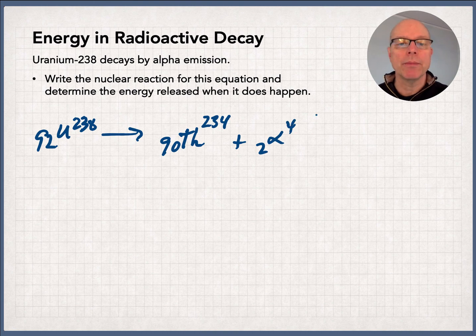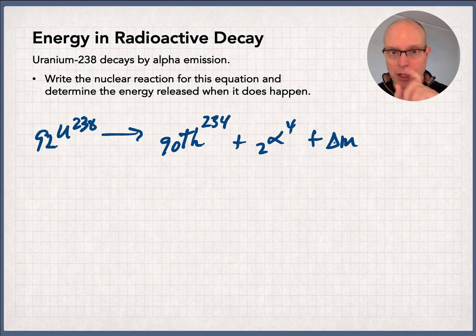Now, here's what I want you to do. For every single one of these problems, I'm going to put a delta M over on the right-hand side. You can make this easy. If that delta M turns out to be positive, then that is energy that's released, because the missing mass will be converted to the energy released when the reaction goes forward.